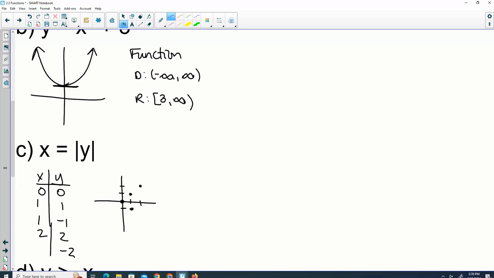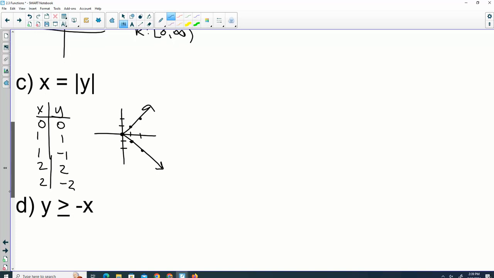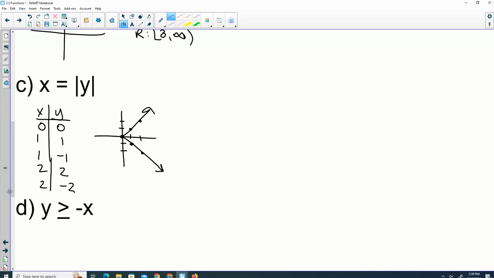If I put in negative 2, the absolute value of negative 2 is 2. This took my normal absolute value graph and kind of flipped it on its side. Is that a function? No. So the thing that made me pretty uncertain at the beginning is that it wasn't y equals. That was my first red flag. So this one is definitely not. My domain would be what? What's my range?